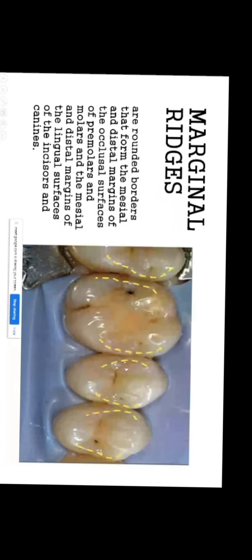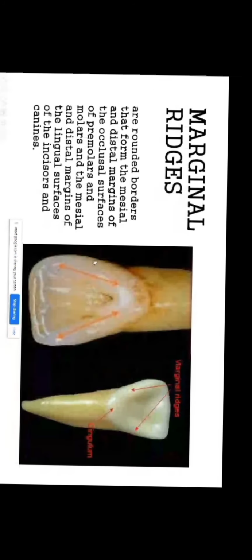Again, rounded borders, meaning boundaries on the sides, mesial and distal of the occlusal surface. These are elevations. You can also find them on your anteriors at the lingual surface. Remember, this is the cingulum.